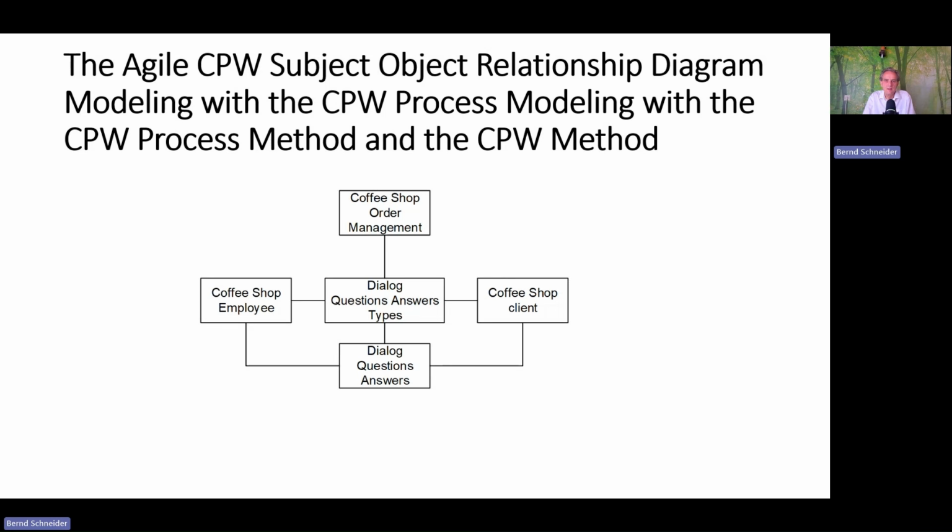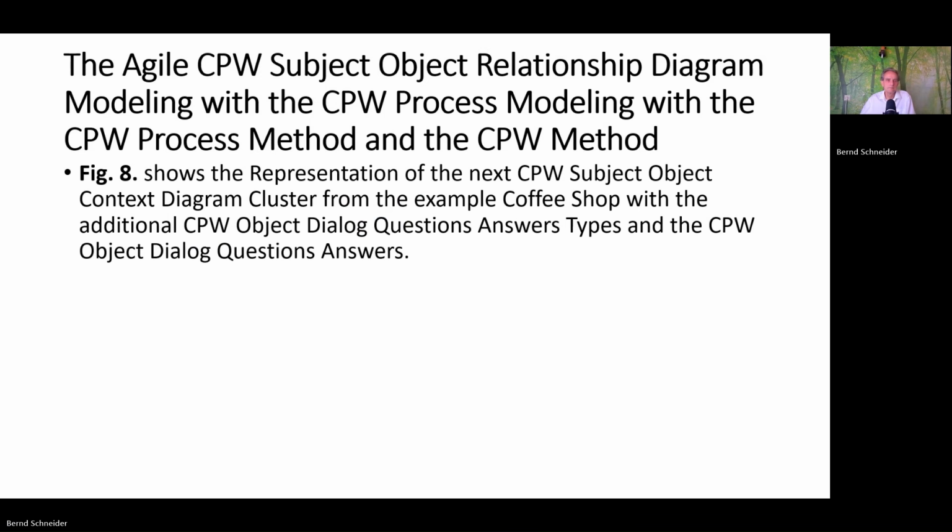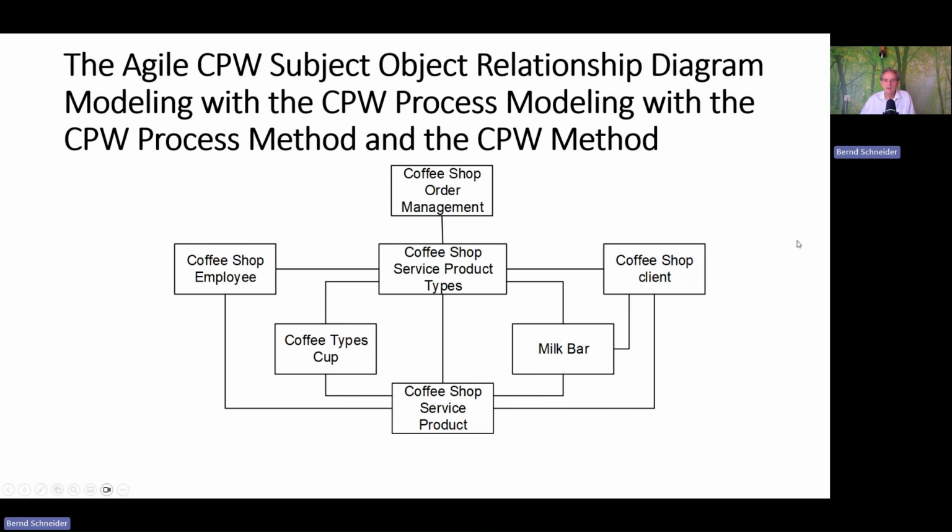All these questions and answers as a dialogue, which are first of all in direct speech and afterwards abstracted, are now represented with these CPW objects, dialogue questions answers and dialogue questions answers types. The description from figure 8. And now we have the next one.